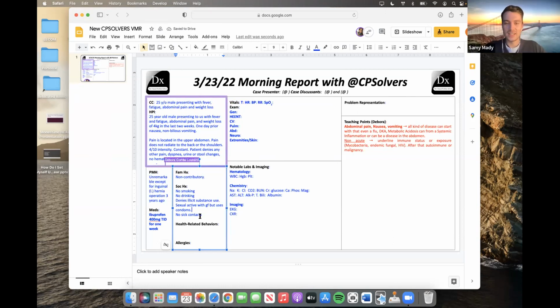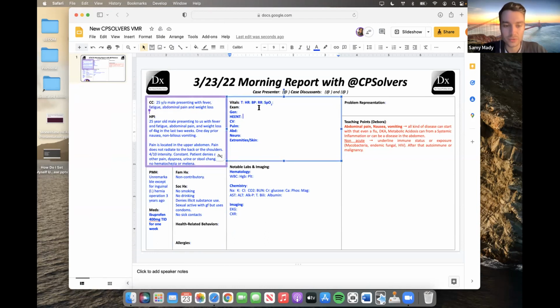Okay, so for his physical examination, he was alert and oriented ×3, but appeared fatigued. For his vitals, his temperature was 36 degrees Celsius. Heart rate was 96 per minute.